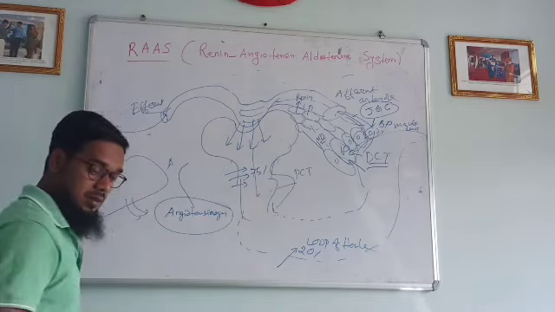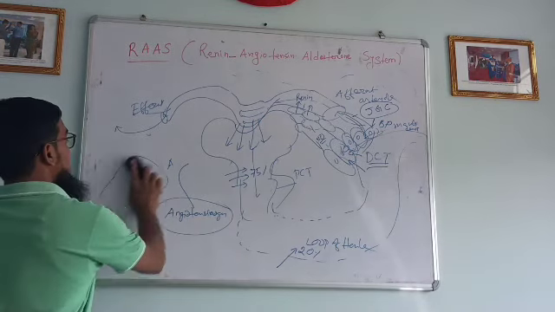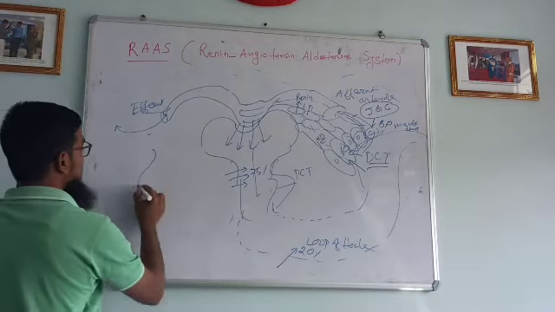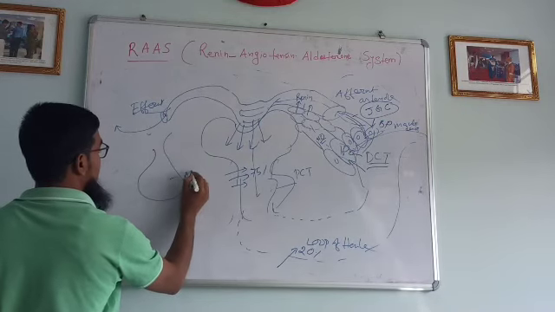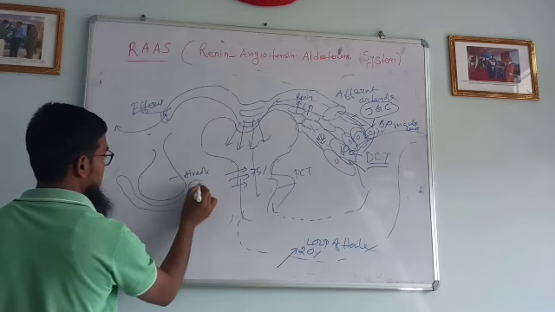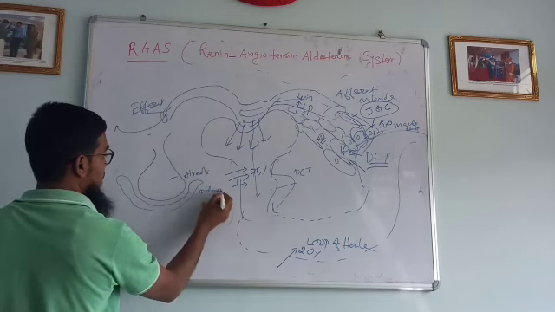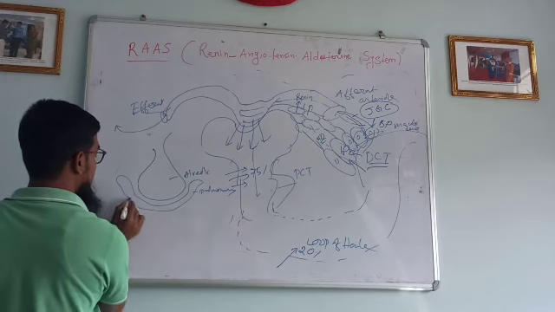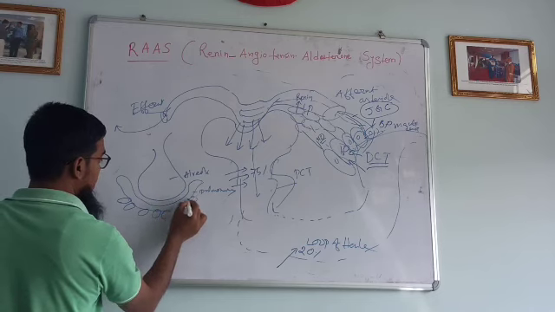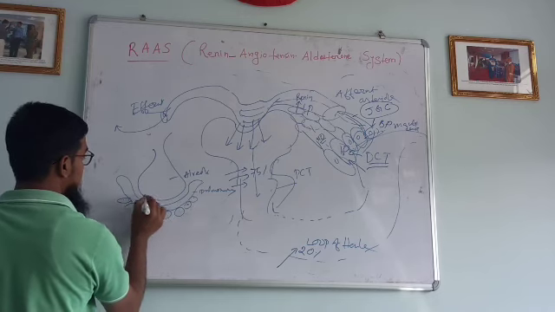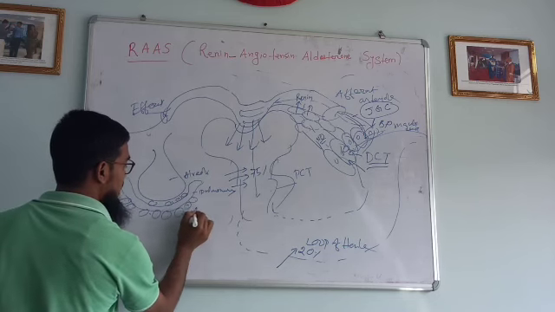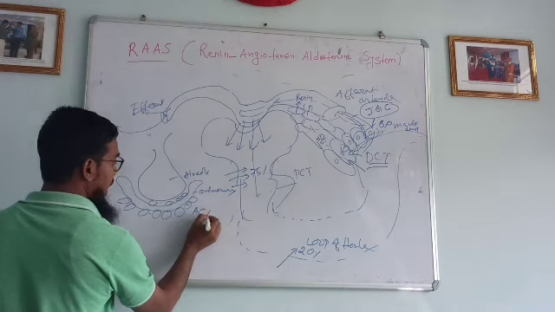In the alveoli of the lungs, around the alveoli there are pulmonary capillaries through which blood circulation takes place. In these there are endothelial cells, and these cells contain one enzyme which is called angiotensin converting enzyme.